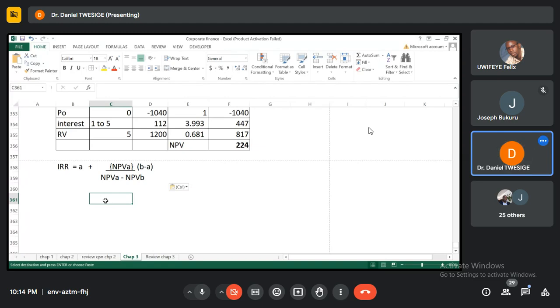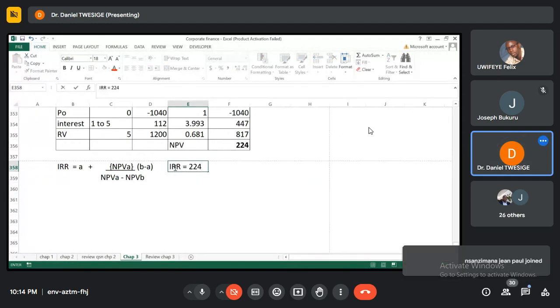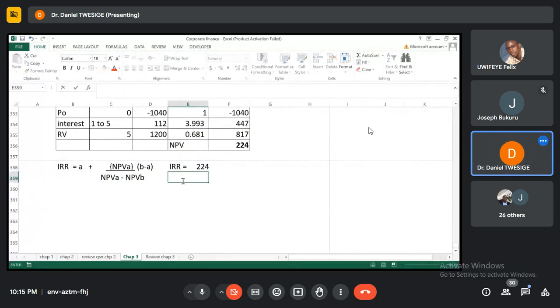So I have this formula already. Now I can compute my IRR. If I substitute, my A is the lowest, as we said, it will be 224 divided by 224 plus 102.